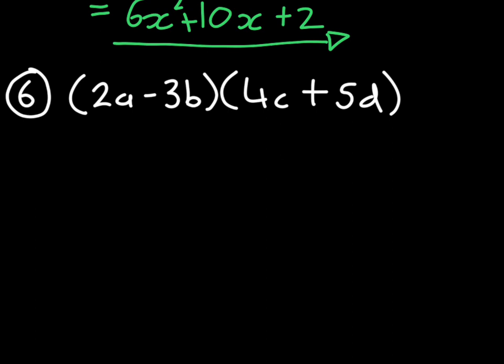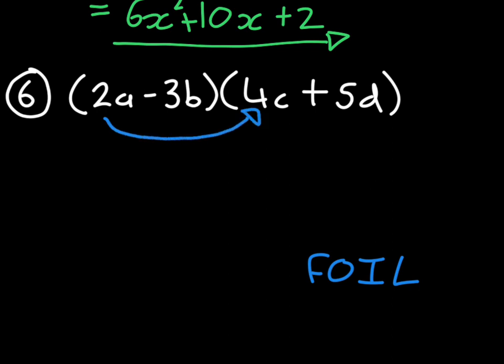Now remember, these are called binomials because inside the brackets we have got two terms, where bi means two. When we are multiplying binomials, we need to remember the acronym FOIL, where each letter stands for something. The F stands for first, meaning we're going to multiply the first term of each of the binomials.